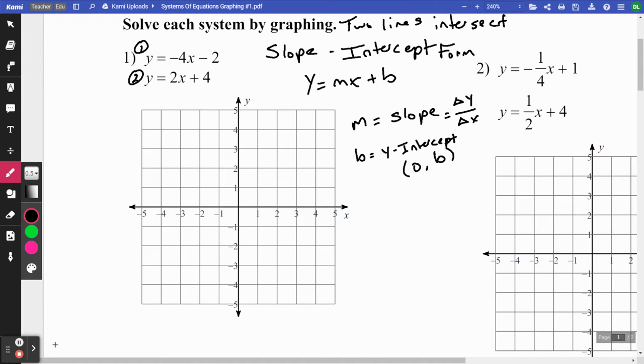So we take our first equation, y equals negative 4x minus 2. Our slope is negative 4. And remember, that means it's a fraction, so that would be negative 4 over 1.